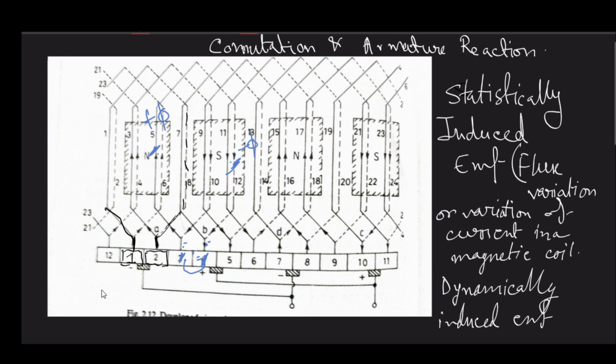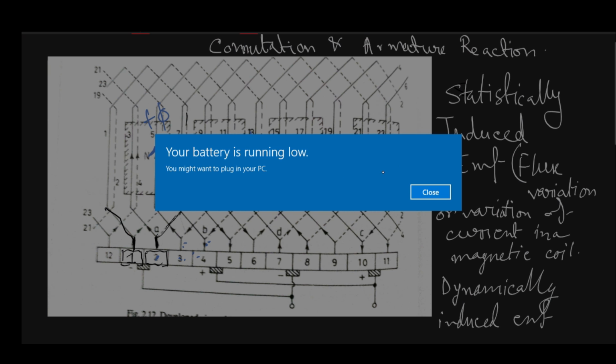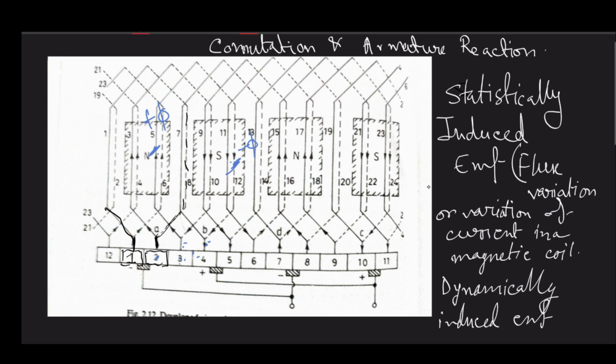A spark can take place due to breakdown of the insulating layer, or an arc may take place between these two segments. The chance of arcing between segments 3 and 4 is very high.